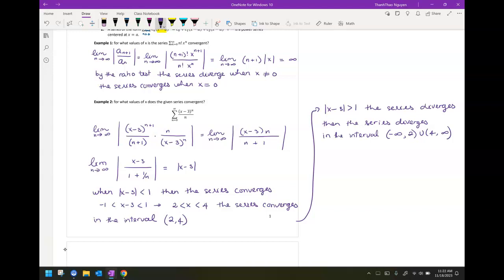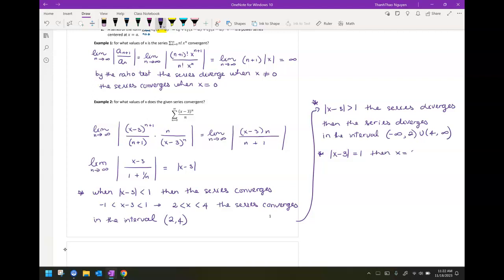Now, because we have the ratio test, we'll have to consider all 3 cases of the condition. So what happens when the absolute value of x minus 3 equals 1?